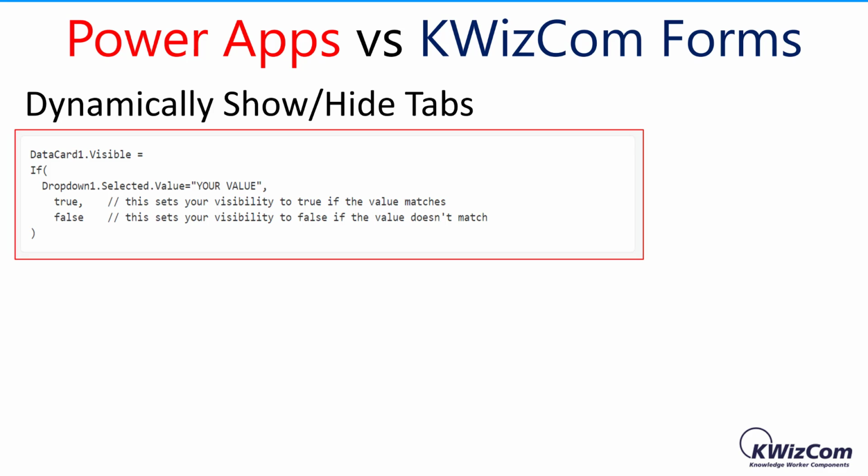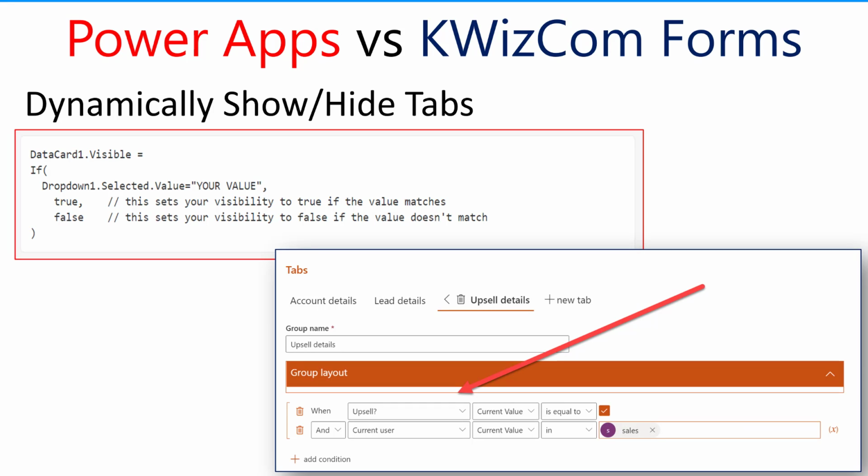Again, in PowerApps, you'll need to write custom code for the exact custom condition for hiding or showing the tab, while in KWIZCom Forms, you'll just need to create a logic rule that says, show this tab when these conditions are met. So it's, again, custom code versus a logic rule.